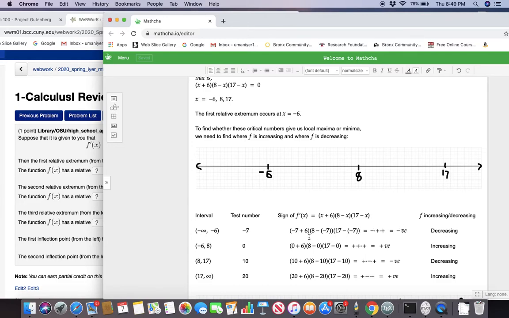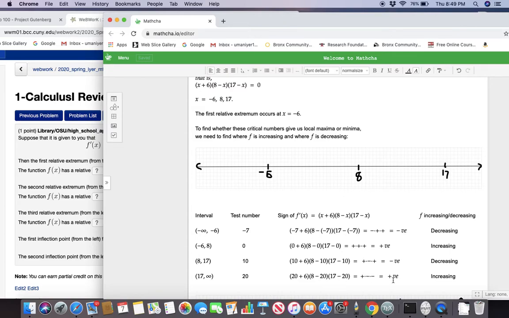You see, I only care about the sign. Same thing, plug in 0. I get positive, positive, positive. Overall positive. Plug in 10. Positive, negative, positive. Overall negative. 20: positive, negative, and a negative. So overall positive.